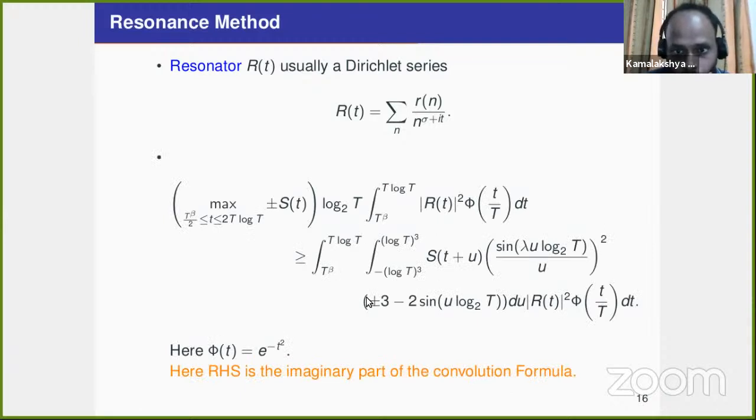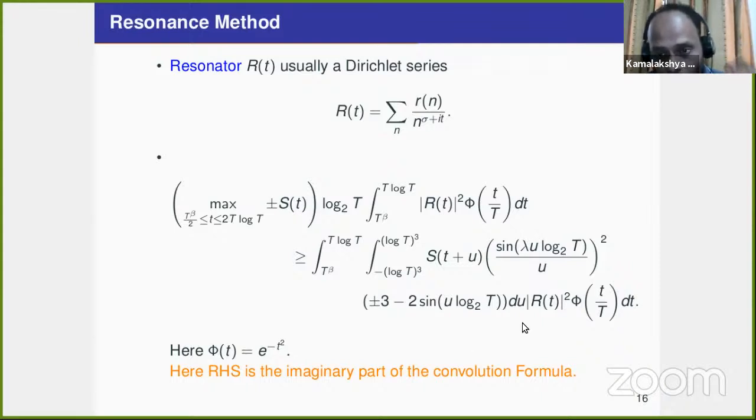If we integrate with this R(t) squared phi(t) by t dt, n to the power it, it will always be positive, because for our resonator the coefficients of R(t) are positive, and this gives a Dirichlet series expansion, and then we are using the Gaussian kernel.